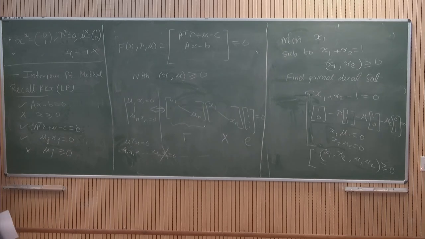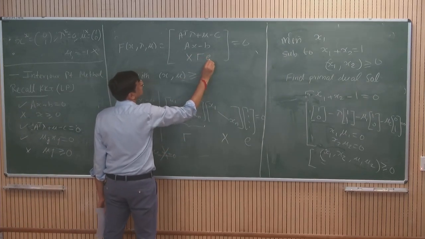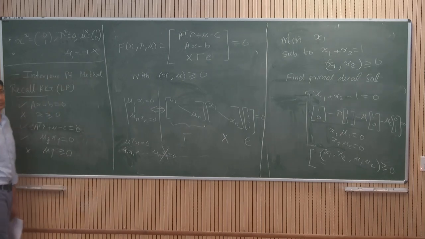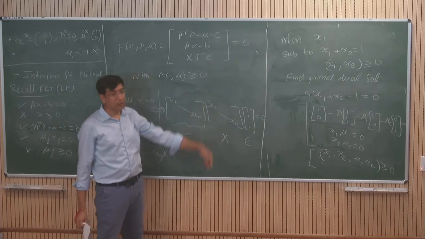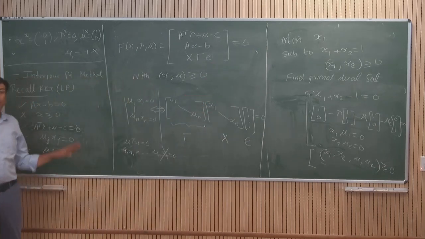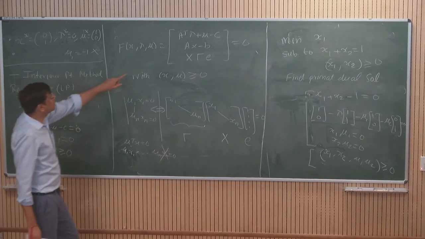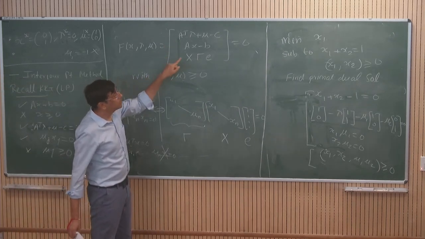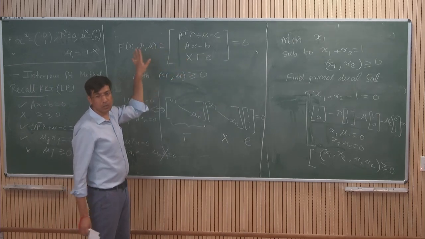Okay? So what is this? This is nothing but x lambda times E is equal to 0. I've just swapped the order. E is the vector of ones. So now what do the interior point methods do? What is this? This is a system of non-linear equations.